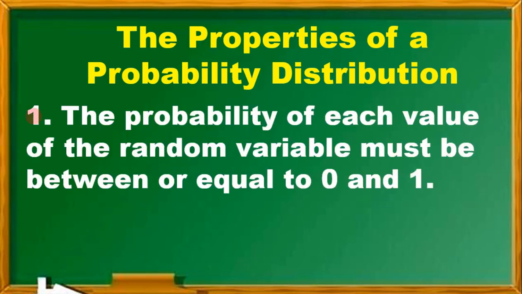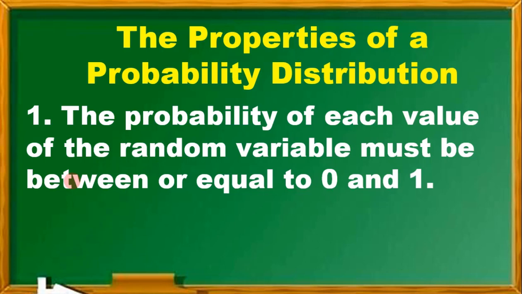Number 1, the probability of each value of the random variable must be between or equal to 0 and 1. So the probability cannot be negative, and it could not also be more than 1. There is no such probability as 1.25 or 1.0001.